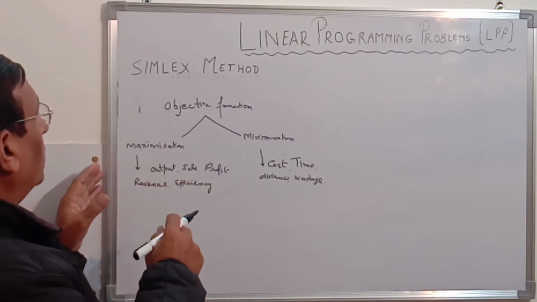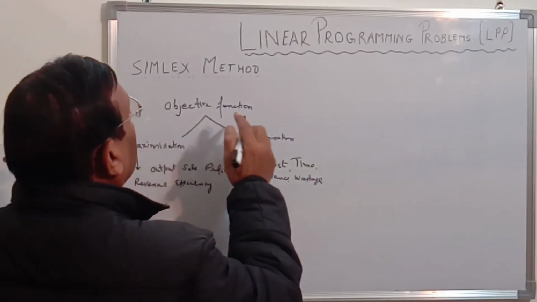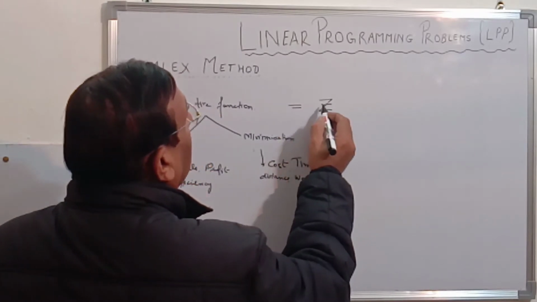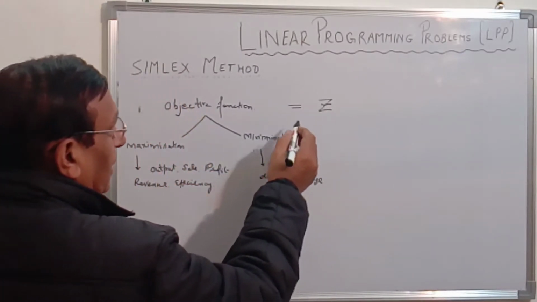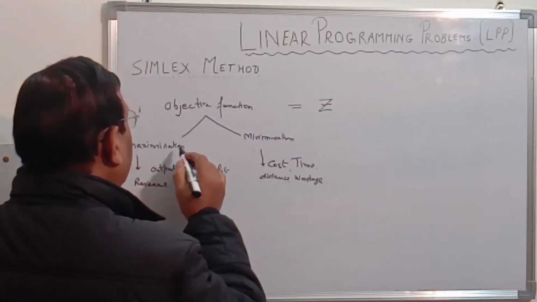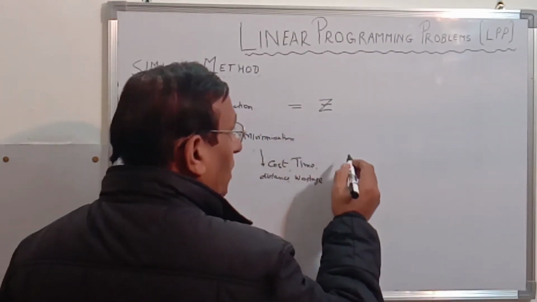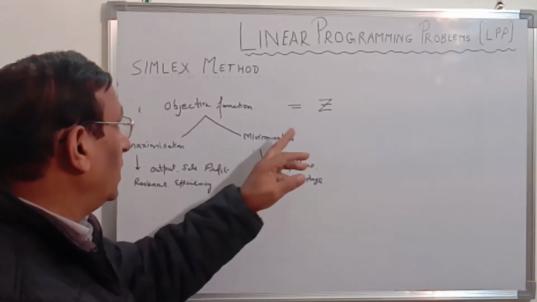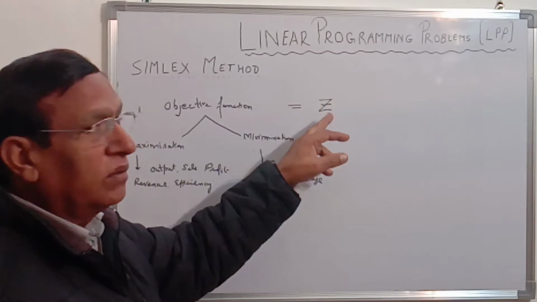And in linear programming problems, the objective function is denoted by Z. Z is the objective function, and this objective function will be either maximize or minimize. You have to check this first, or specify whether it is maximize or minimize.